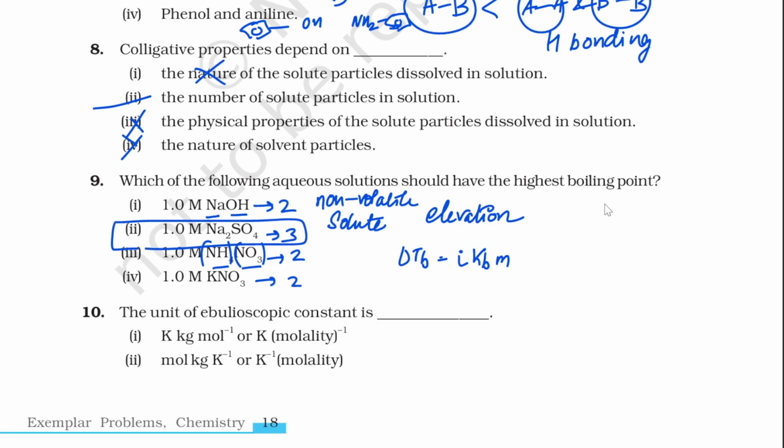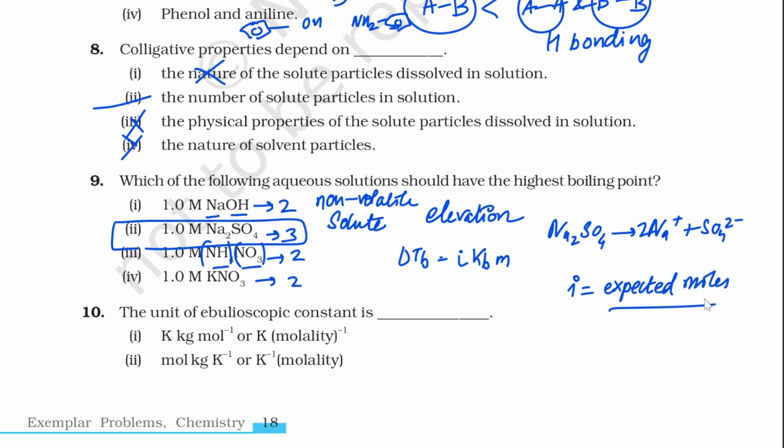Why? Because each molecule gives me 2 Na+ ions plus 1 SO4 2- ion, right? What is i? It's expected moles divided by actual moles. Well, not actual, calculated moles. Ulta likh diya na?